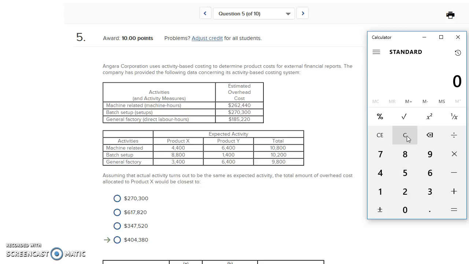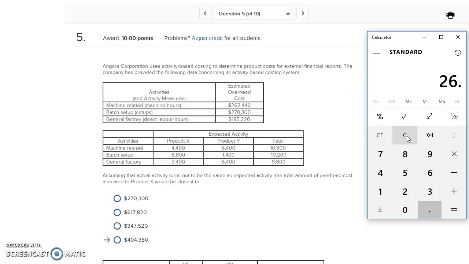Now, we want to know the total amount of overhead cost for product X. So X had 4,400 machine related, and our machine cost is 24.30. Oops, I'm sorry, I just totally messed that up. So 4,400 times 24.30. So 106,920.